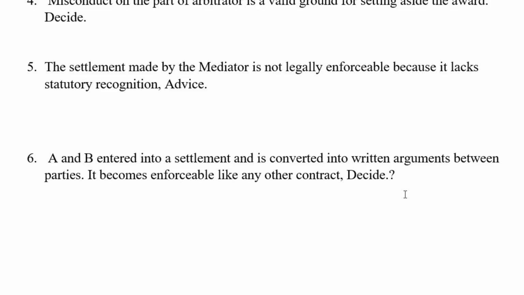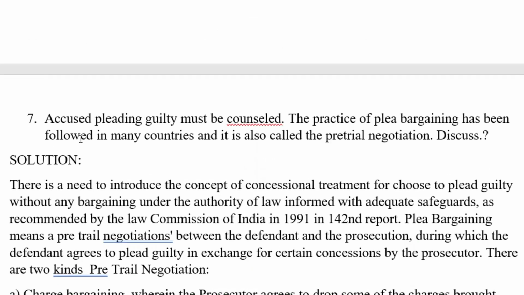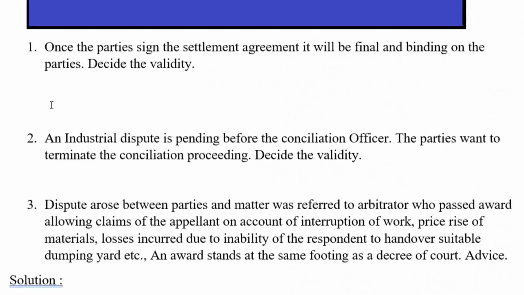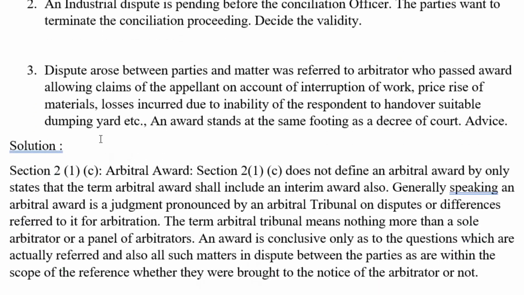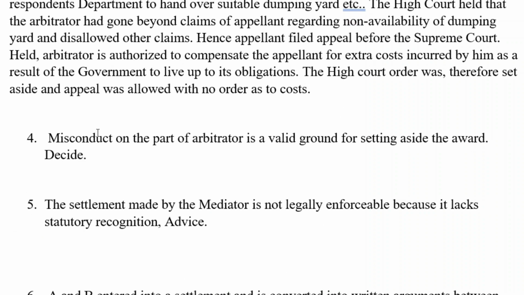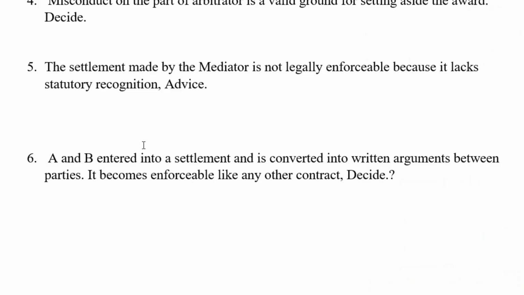Then we can see the problem with regard to the negotiation problem. So far we have seen the problems with regard to the first aspect, the conciliation problem. These two aspects deal with the conciliation aspect, and question numbers 3 and 4 deal with the arbitration problem, and 5 and 6 deal with the mediation problem.